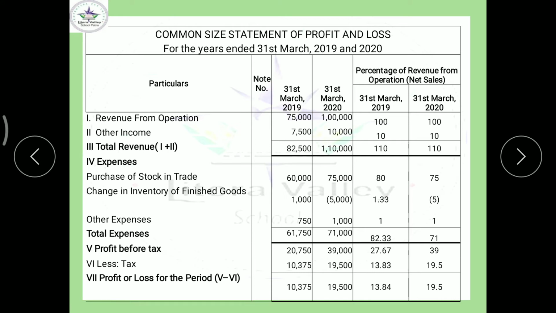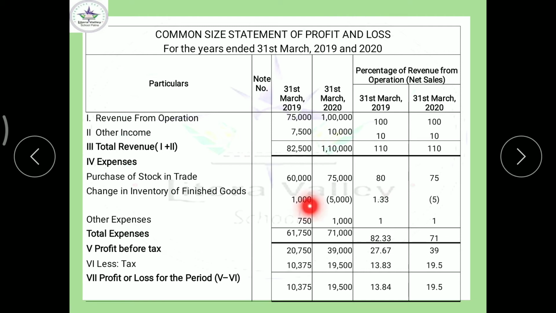Now you can see purchase of stock in trade is given here, 60,000 for this year. So 60,000 divided by 75,000 is 80 percent. Okay. And changes in inventory of finished goods, 1,000 divided by 75,000, the approximate amount is 1.83.